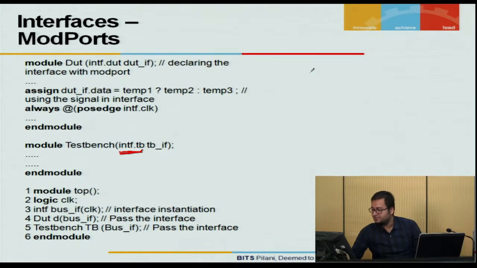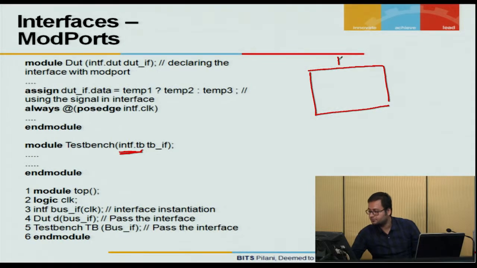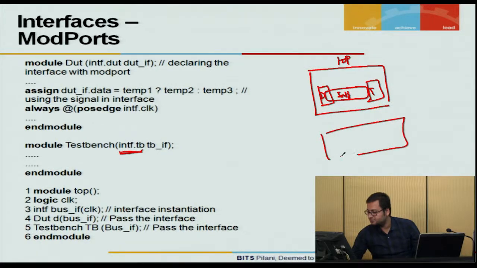So you can consider this a top module, and this is the DUT, this is the test bench, and you have just instantiated an interface. So interfaces will be like this. Inside the interface there will be one modport for the DUT and one for the test bench. So these are the modports.